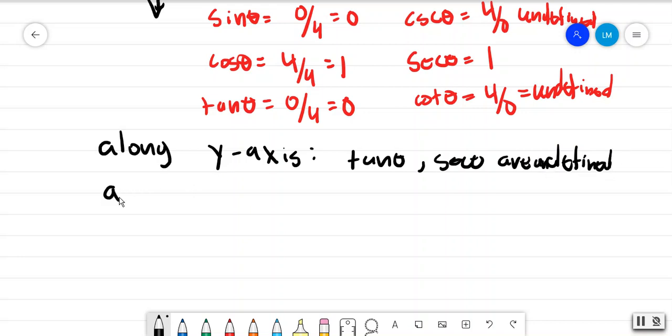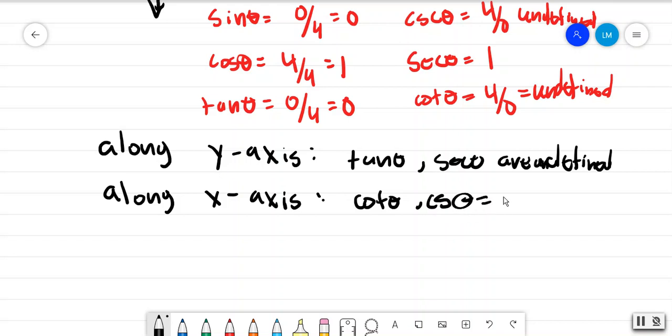And along the x-axis, similarly, cotangent of theta and cosecant of theta are undefined. Okay, well, that's actually kind of useful because then it can tell you that you can find the remaining ones.